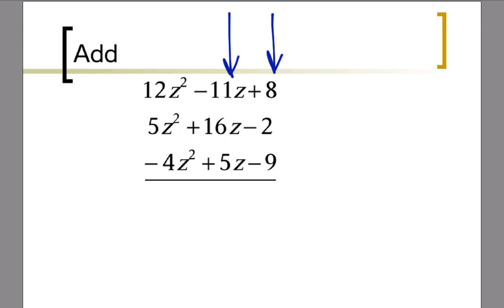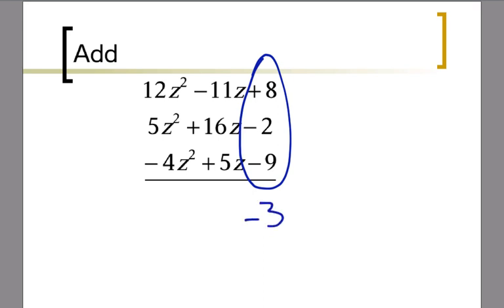Okay, so we just go ahead and add all the numbers that are in each column. So I've got 8, and then I'm subtracting 2 to get 6, and then I'm subtracting 9 from that to get negative 3. And then I go to the next column, and I've got negative 11 plus 16.